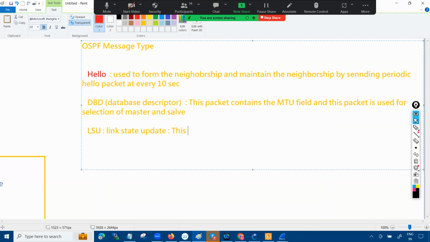This packet contains the LSA information. In simple language you can call it route information. LSA is eventually a route, we can call it. Then the next packet we have is the link state request packet, LSR.